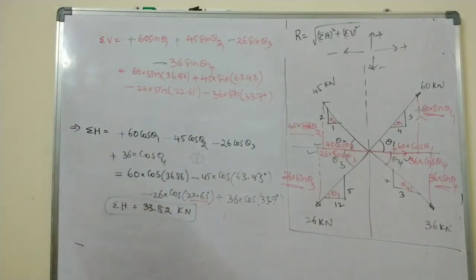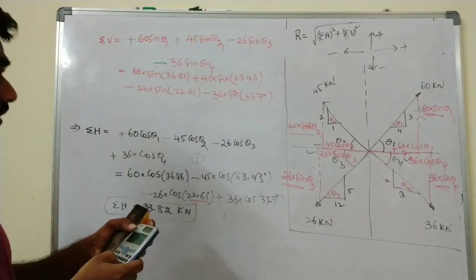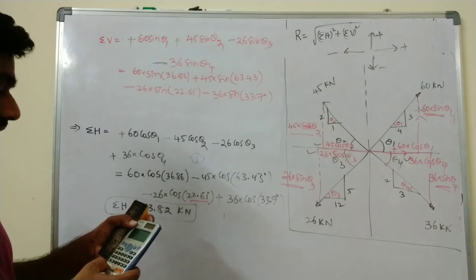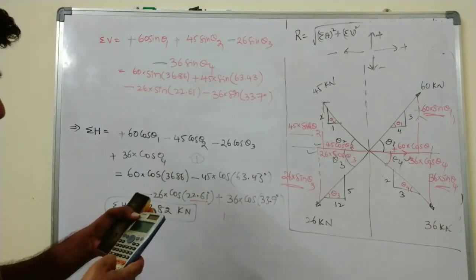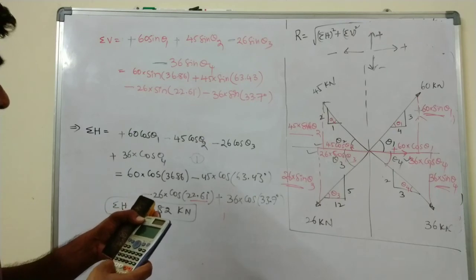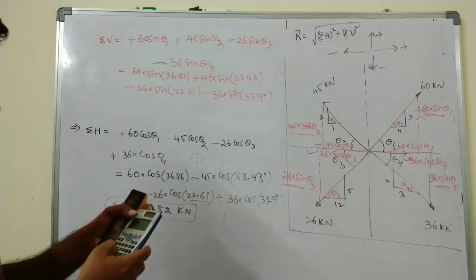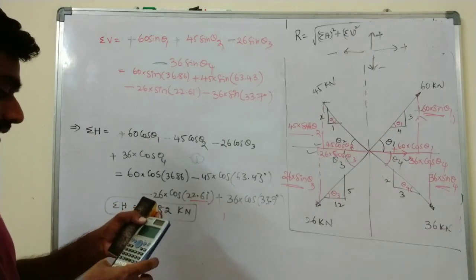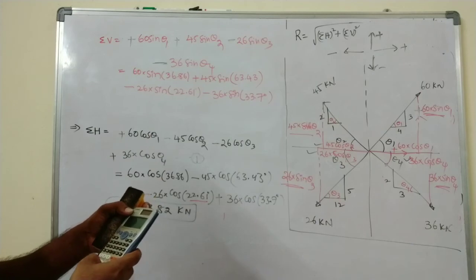Calculate the value: 60 sin 36.86 plus 45 sin 63.43 minus 26 sin 22.61 minus 36 sin 33.7.